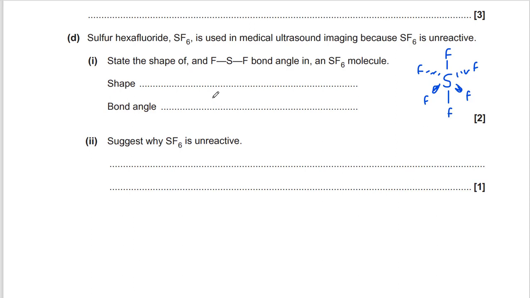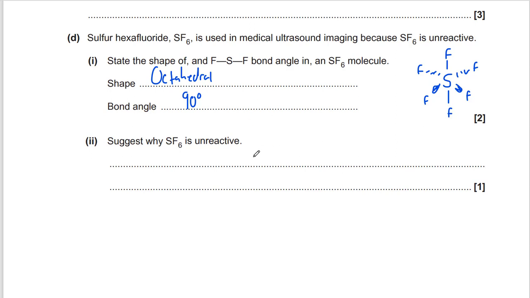So 6 bonding pairs of electrons repelling equally gives you a bond angle of 90 degrees, and the shape is octahedral. Again, these are things you just have to remember. You need to know what shape corresponds to each number of pairs of electrons. If I know that I've got 6 pairs of electrons, I must have an octahedral structure, just as I know that if I have 4 pairs, it's tetrahedral, and so on. It is something that you have to just remember.